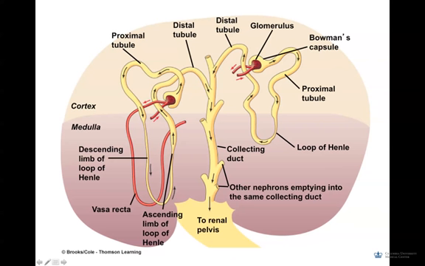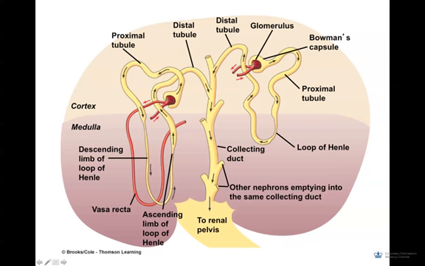Now, I told you there's another set of parts that use this gradient to vary the concentration of urine. The parts that use the gradient are the collecting ducts of all the nephrons. Remember, the renal medulla is arranged in these renal pyramids that are a condensed area with lots of collecting ducts.